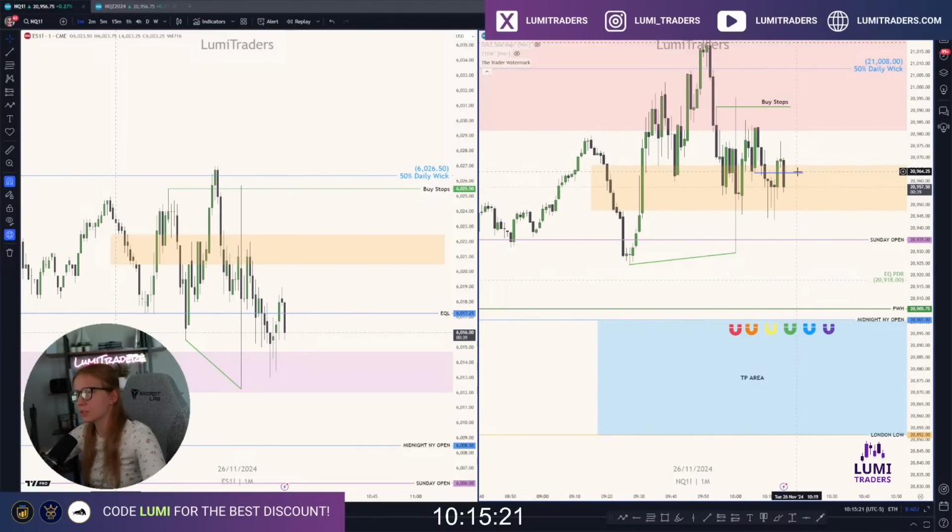We just got the test of this change in the state of delivery. We'll see. I don't want to blindly trust SMT. SMT is not the only main confirmation for reversal, right? So yeah, we will see.